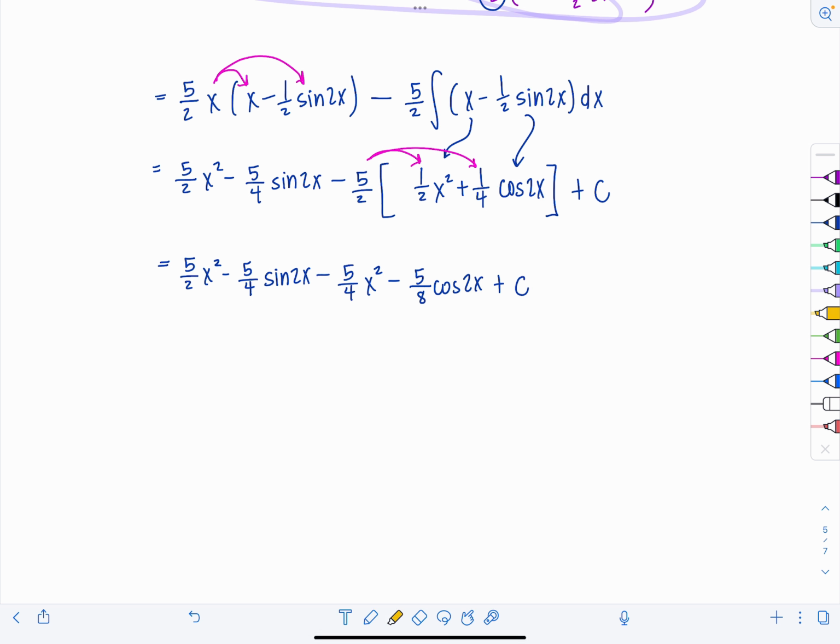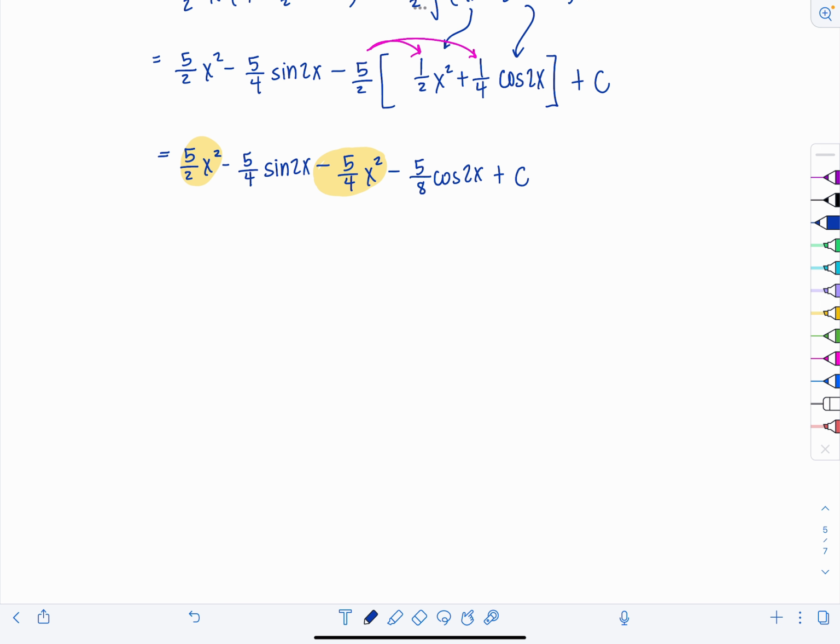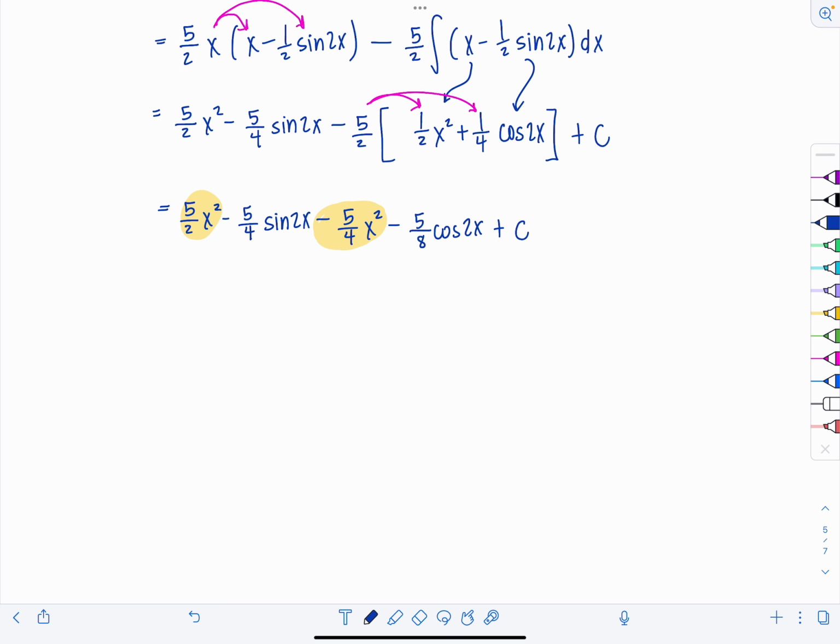And then notice I have like terms, 5 halves x squared and negative 5/4 x squared. That's going to give me 5/4 x squared. So final answer, 5/4 x squared minus 5/4 sine 2x minus 5/8 cosine 2x plus c.